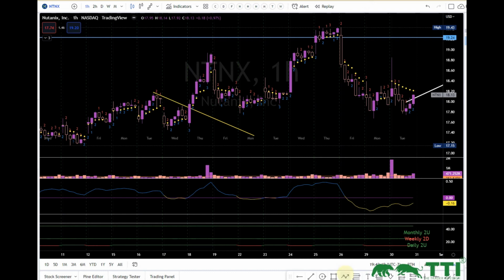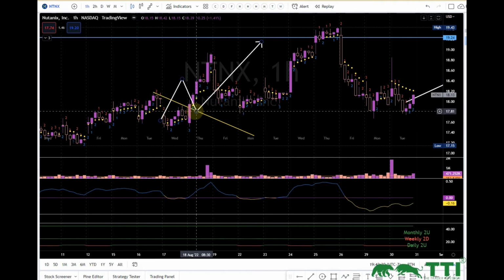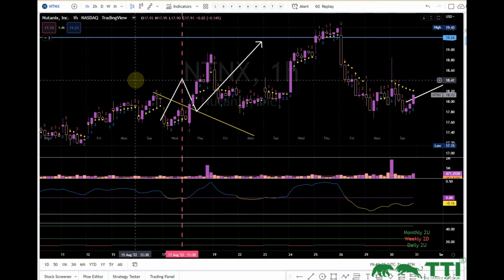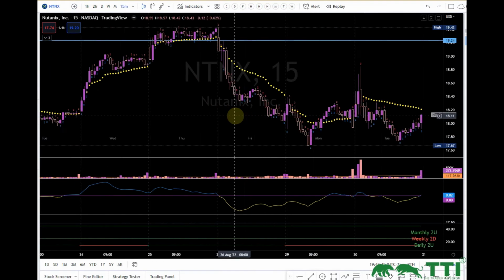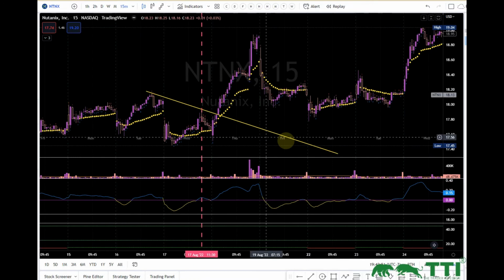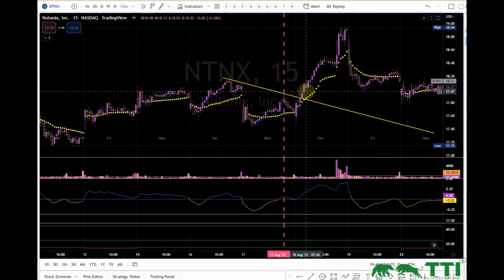Right? So I know this is confusing. What we want to see is this, right? Yeah. This is what we want to see. But this can be 1 bar when you're looking at the hour chart. Because if you go to 15 minutes, and we try to find that, right, it breaks it and it comes back down this next bar to test it.